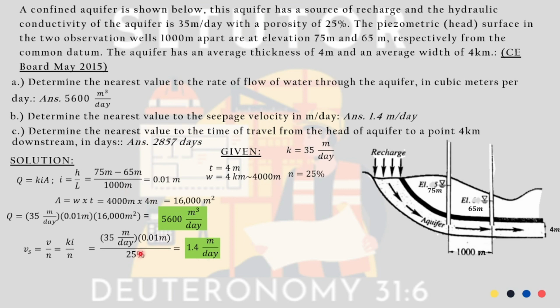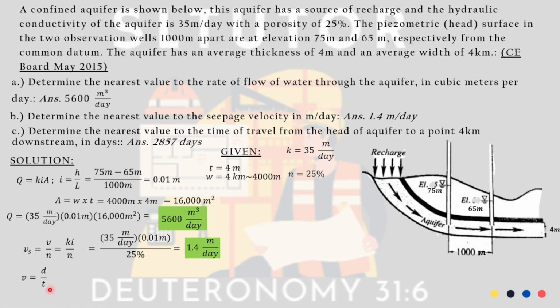Okay. Last question. Determine the nearest value to the time of travel from the head of aquifer to a point 4 kilometers downstream. So, ang tinatanong po dito is time of travel. Di ba sa mechanics natin, tama ba? May formula tayo na velocity, mechanics nga ba? Physics pala, sorry.